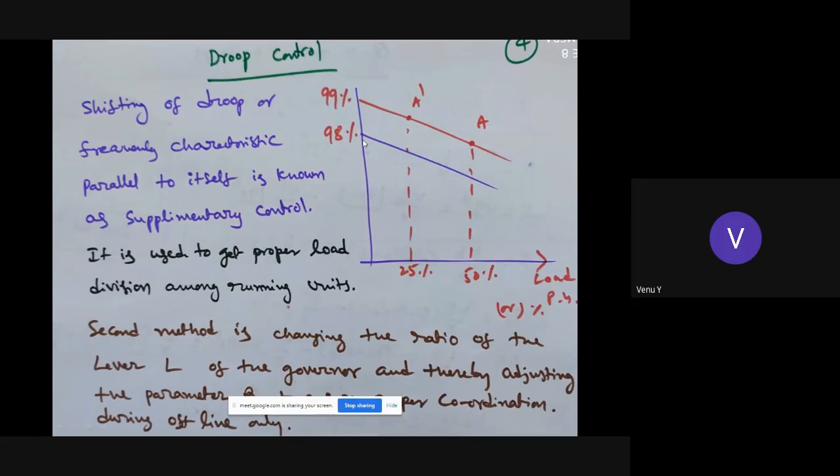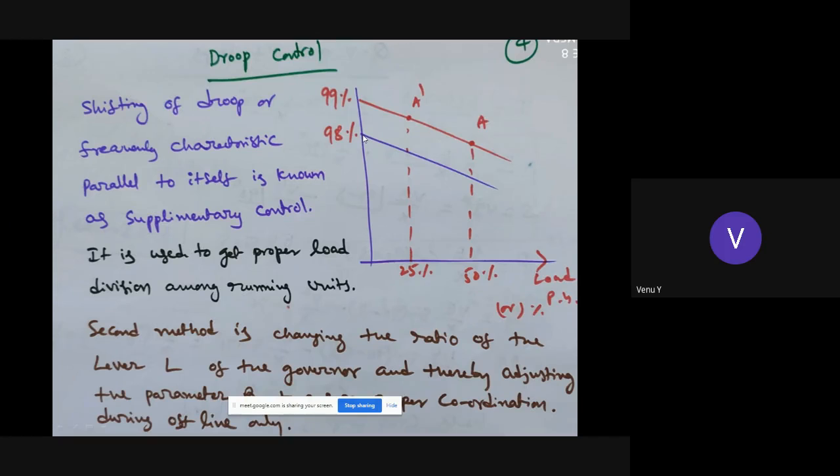Now coming to droop control. Here you can adjust the droop upwards and downwards, so that wherever you need to have a rated frequency, you can adjust the droop of the generator. Let us consider these two lines. This is the droop; here at 99% it has a point, and at 98%. By changing the droop, you can change the variation. For these two adjustments, one is 25% load and the second is 50% load.